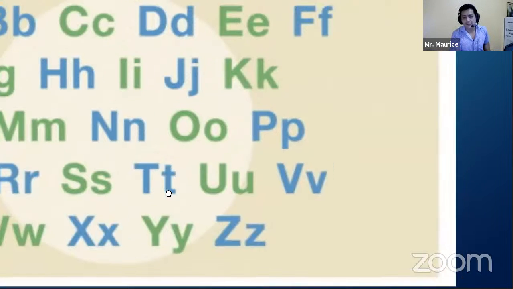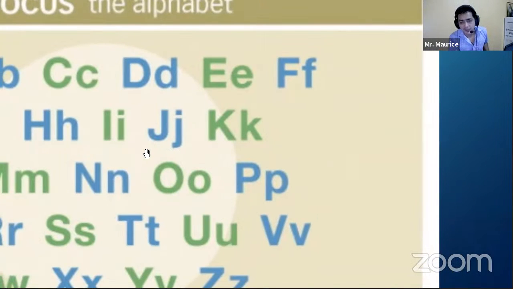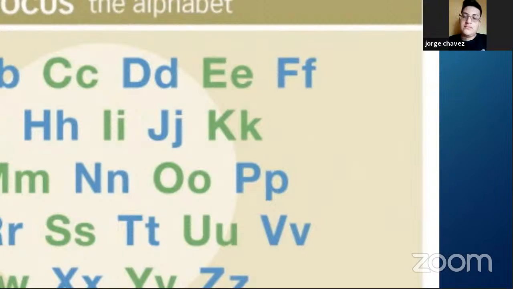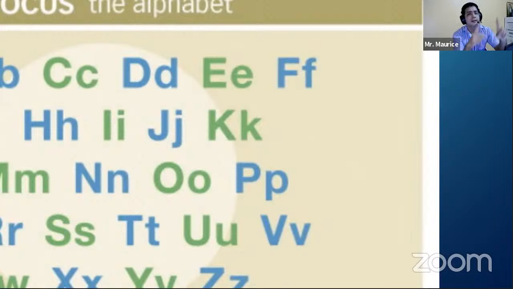Okay, something else. This letter over here, J. Hay algunos que de pronto tienen el problema. ¿Cómo se dice J, J, J? Les doy una recomendación. Acuérdese de la persona que va a su fiesta, que usted la contrata para que le pongan música. La persona que pone música le denominamos DJ.